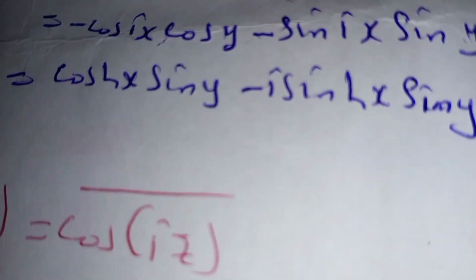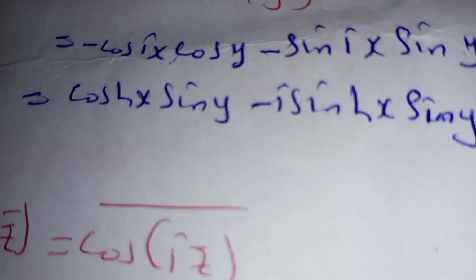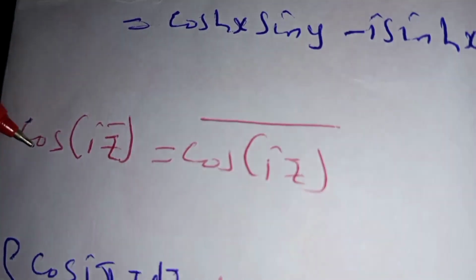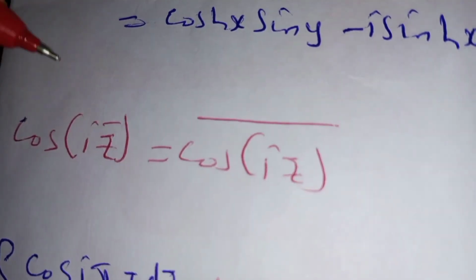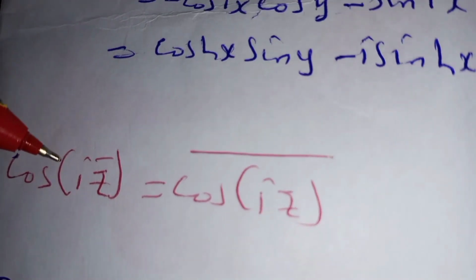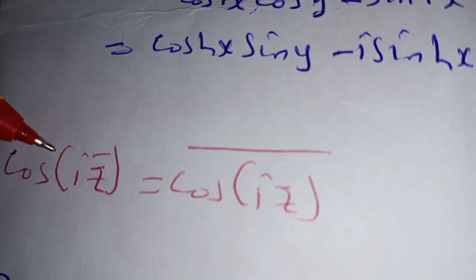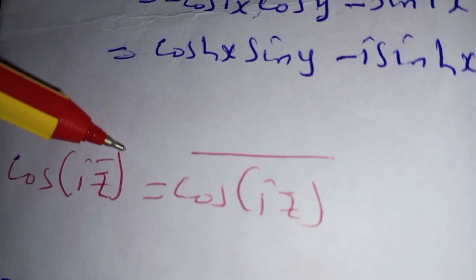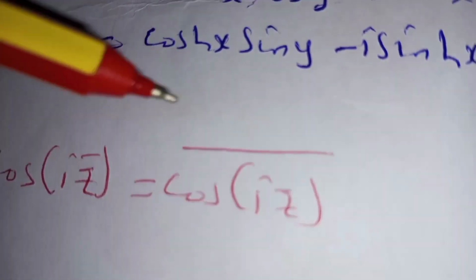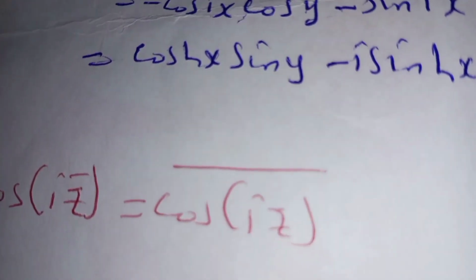Then, to obtain this result, clearly when we compare, cos of the conjugate of iz is equal to the conjugate of cos of iz as indicated there.